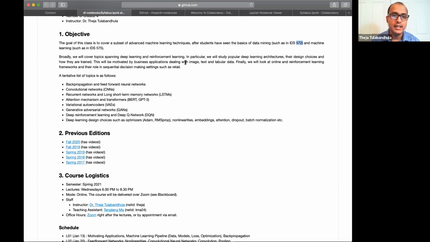So the crux of this course is mostly working with certain types of data which are a little bit harder to work with using the methods that you've seen in 572 and 575. There's a second part to this course. The second crux is to also tie prediction to decision making. A simple example that we'll cover later on is A/B testing.